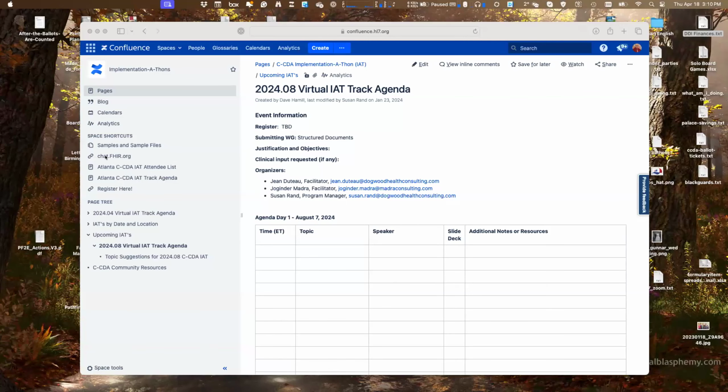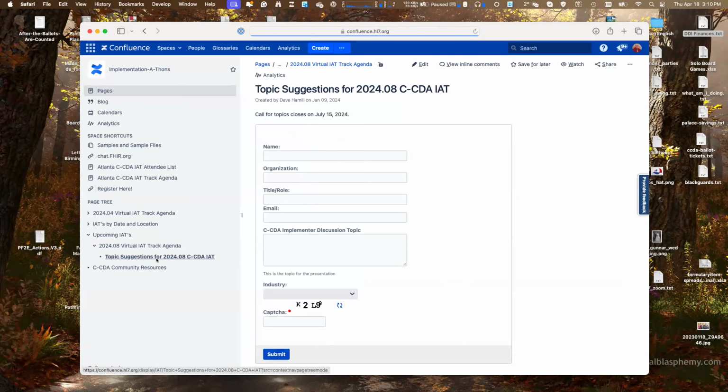I am just bringing the page up and I'll show you. Share my screen. So in this Implementation-A-Thon space in Confluence, we have upcoming IATs, 2024-08, and there's a topic suggestion. So you can raise the topic suggestions. I'll put that in the chat.